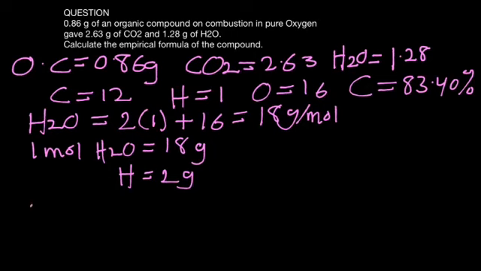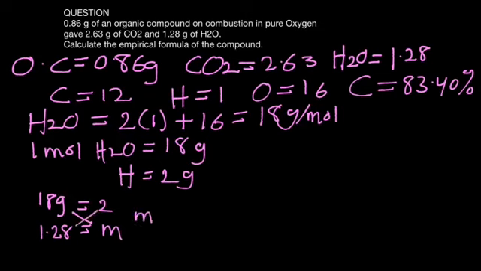In 18 grams, hydrogen is contributing 2. Then in 1.28 grams, let's call it M. So let's go ahead and cross multiply.